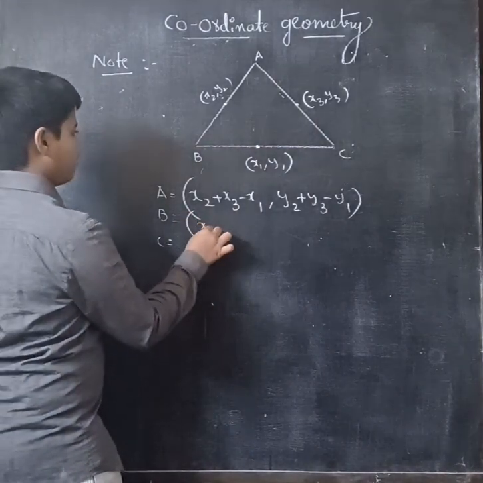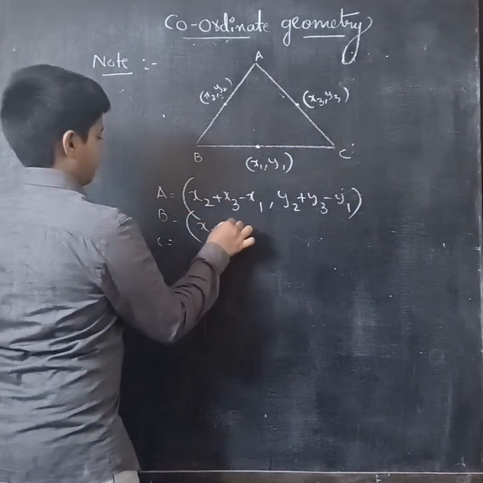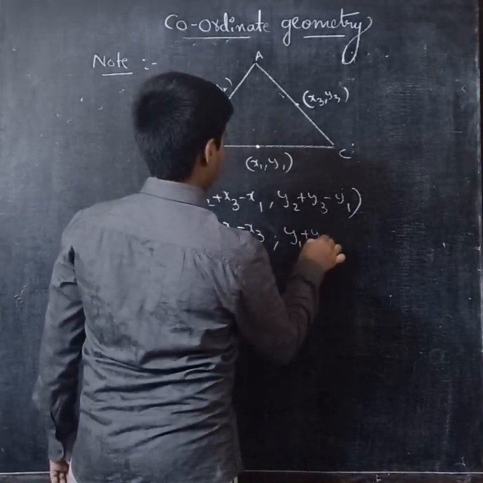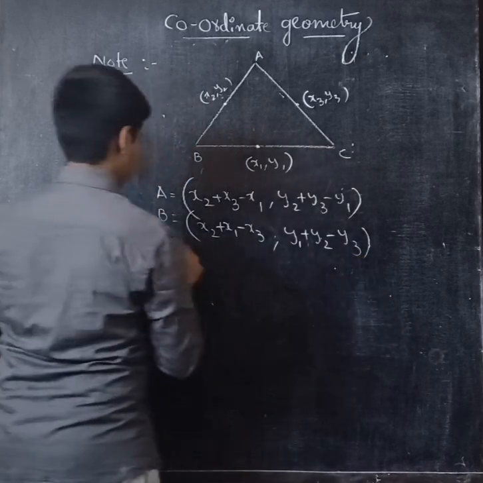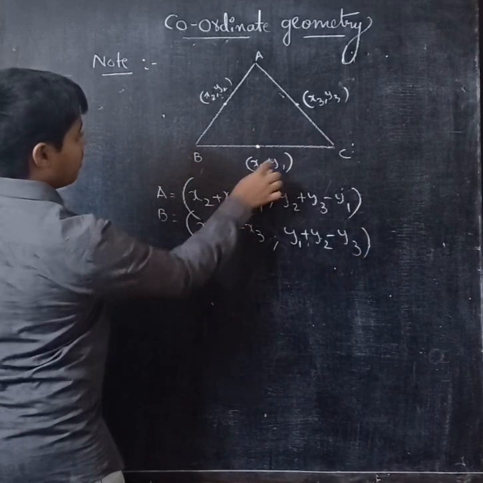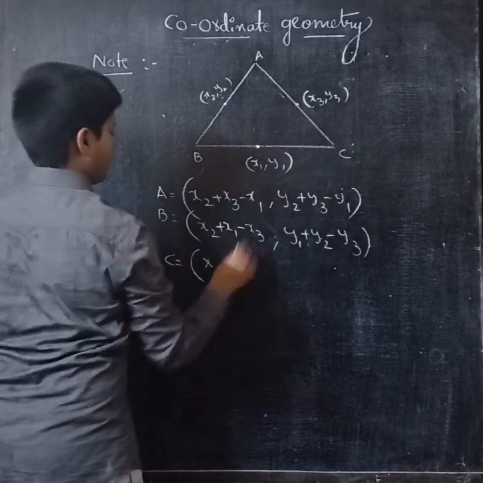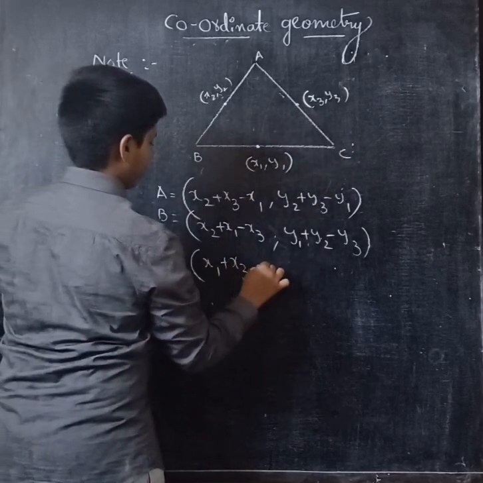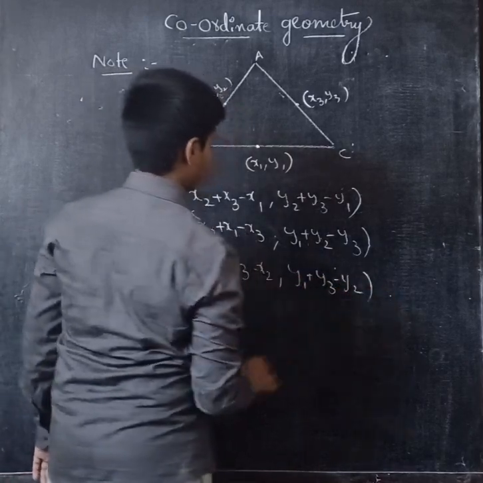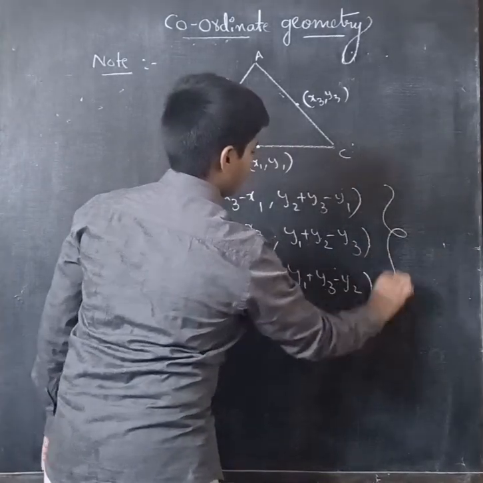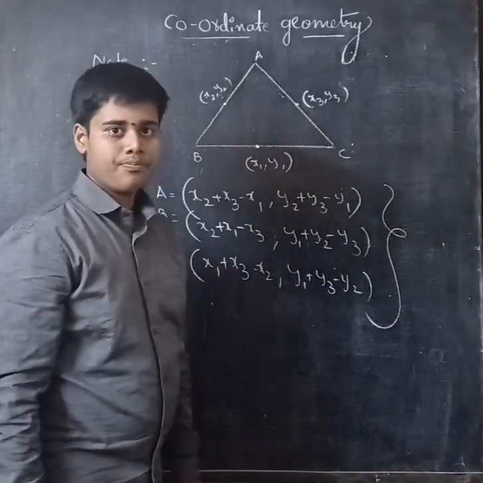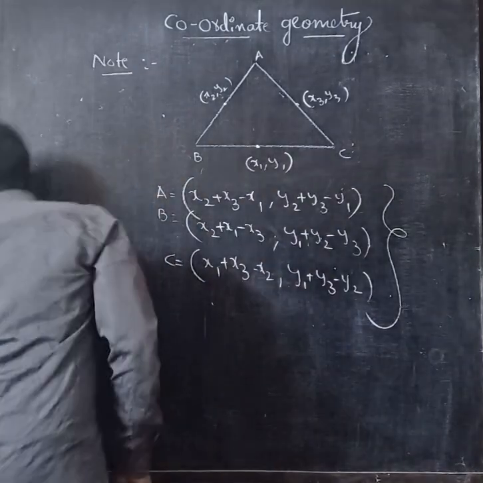The B vertex value is x2 plus x1 minus x3 and y1 plus y2 minus y3, and the C vertex value is x1 plus x3 minus x2 and y1 plus y3 minus y2. These are the A, B, C vertex values when the midpoints of the triangle are given. So this is a small note.